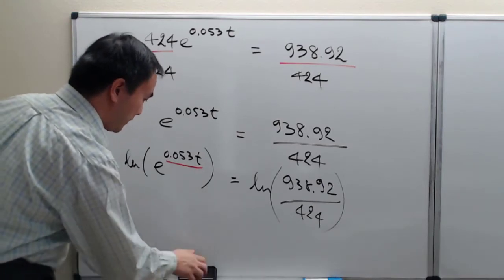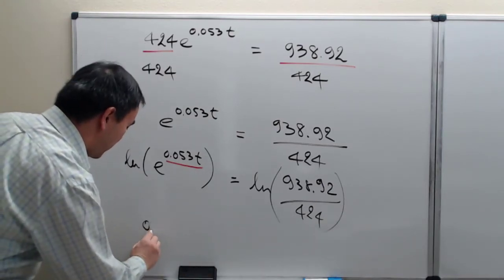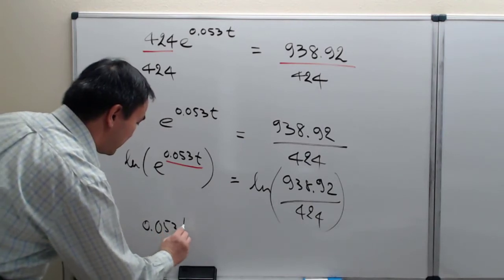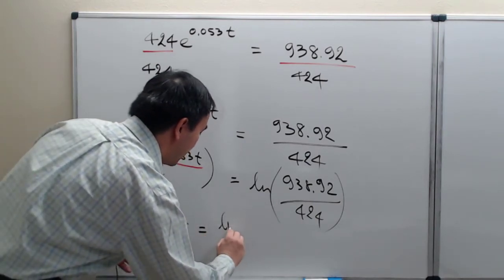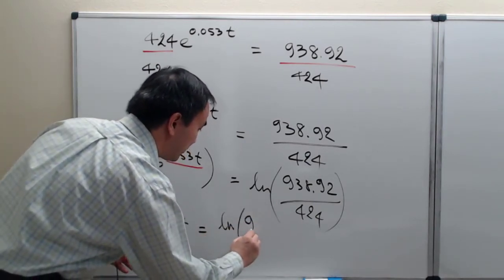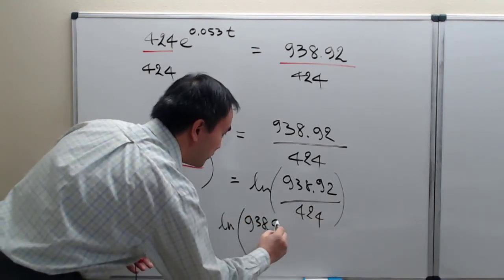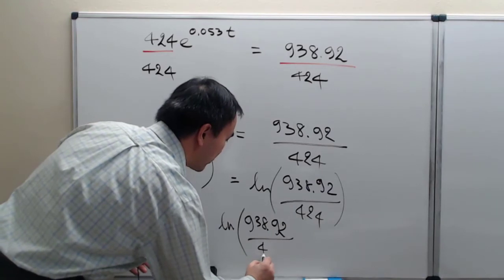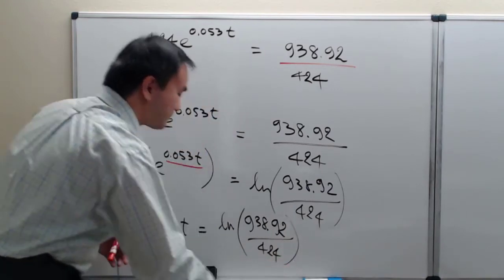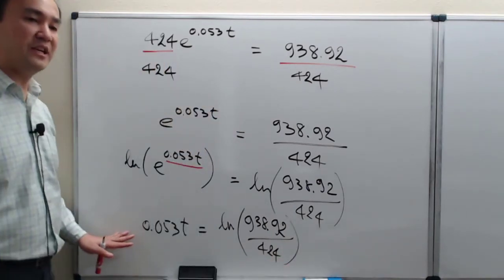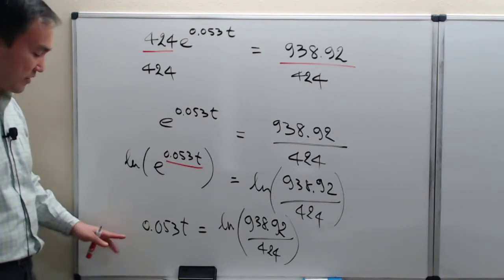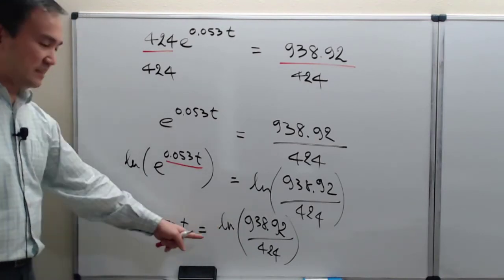So in other words, my complete equation now is 0.053t is equal to natural log of 938.92 over 424. Solving for t at this point is quite simple work, just dividing both sides by that expression.